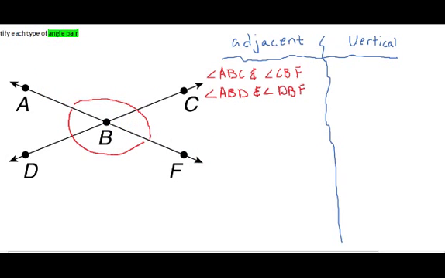Now let's go ahead and look at the other line, line DC. So this time my adjacent angles, they share a ray, that it's ray BA, and they share the vertex B. So let's go ahead and note that angle DBA, or how we wrote it before, was angle ABD, and this time angle ABC are adjacent.